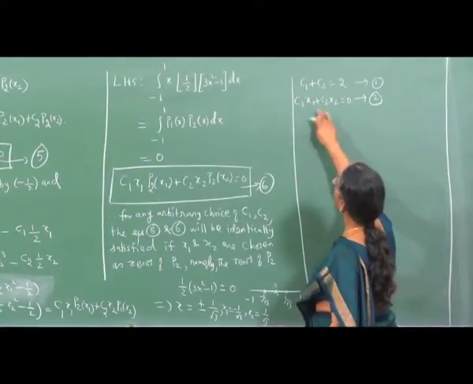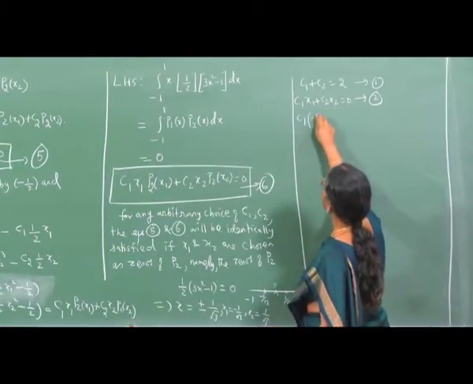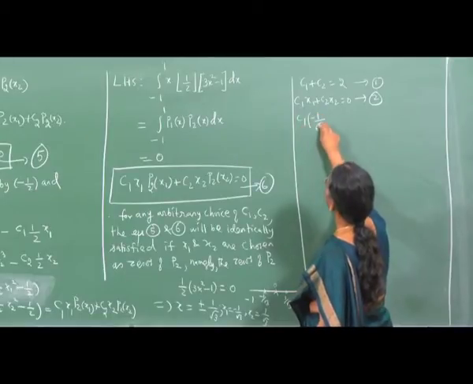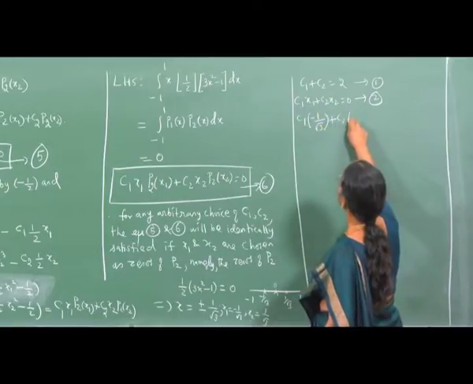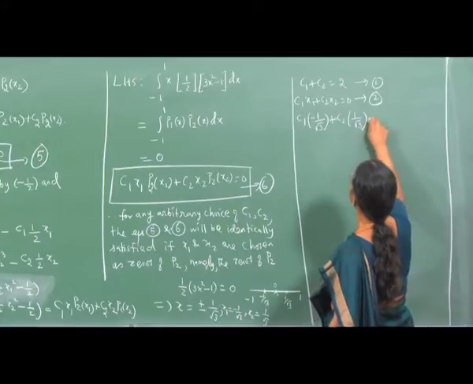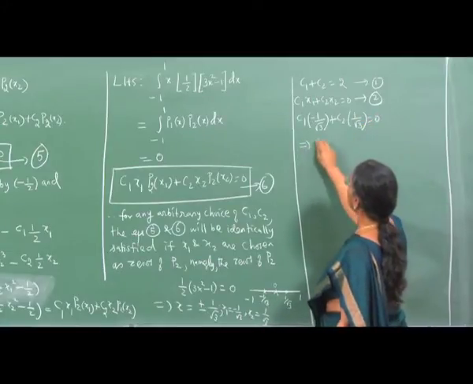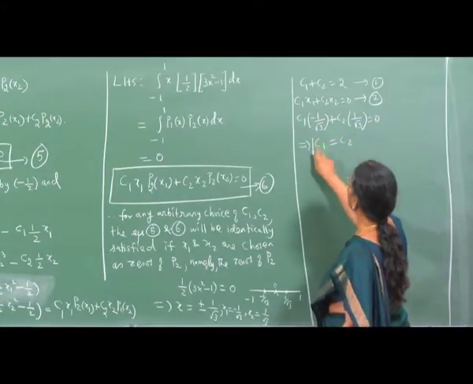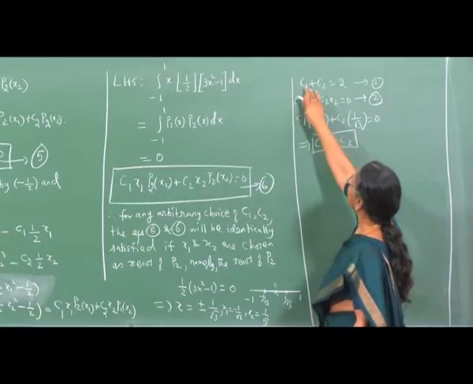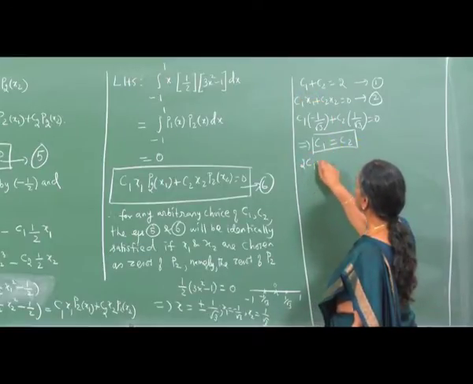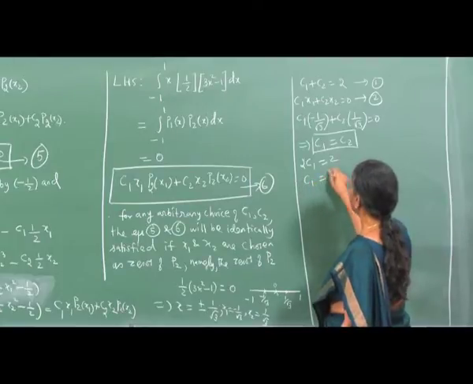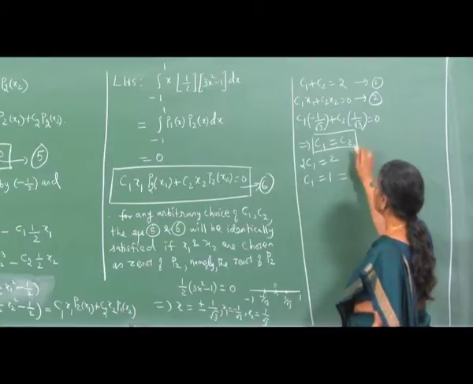Now that I have determined x1 and x2, it is C1 into minus 1 by root 3 plus C2 into plus 1 by root 3 and that is 0, which shows that C1 is equal to C2. So, substitute here, that will give you 2 C1 is 2, so C1 is 1, but C1 is C2.